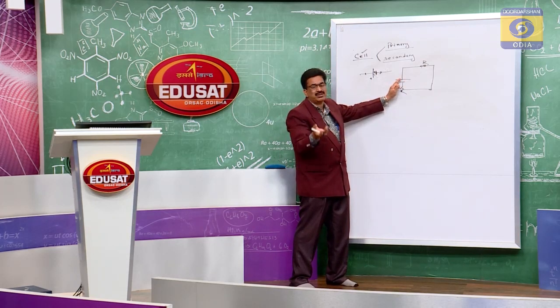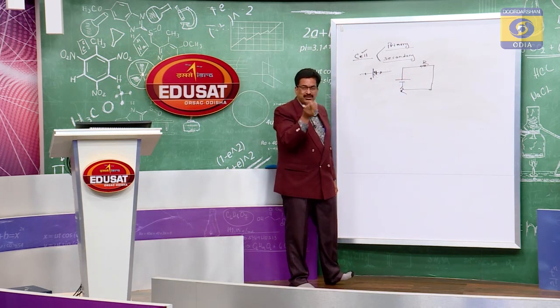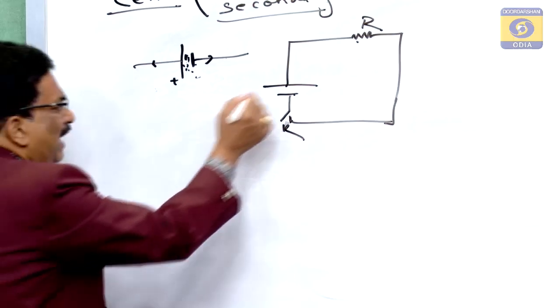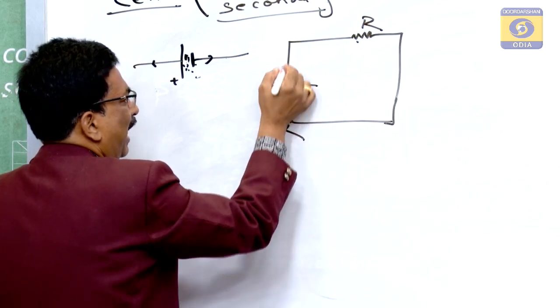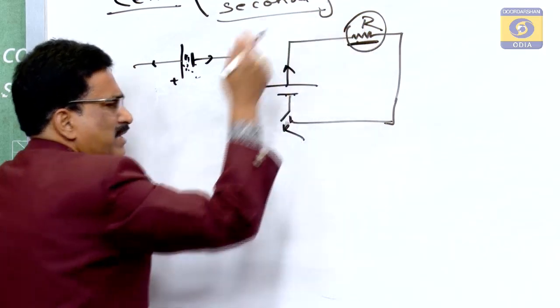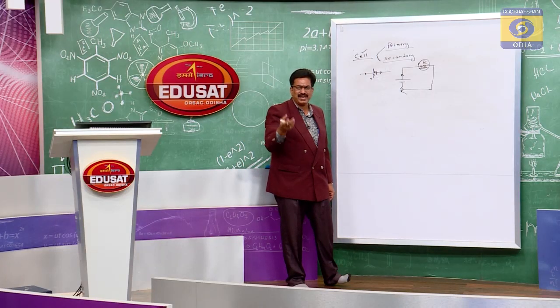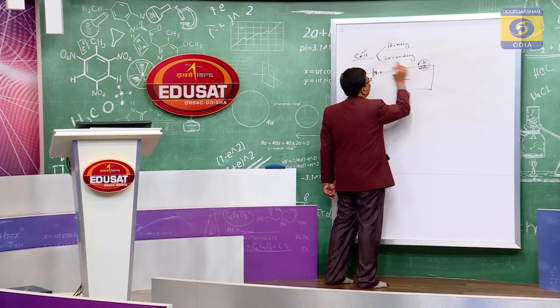It creates the flow of charge, and that current will flow from the positive end towards the negative end, and it will pass through the resistance as per our diagram. This resistance can be replaced by a bulb, by a fan, or by any type of electrical instrument we are using. So, they are functioning on the cell.